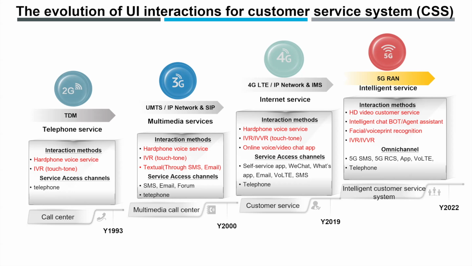There are many access channels like social apps, web chat, WeChat, WhatsApp, and so on. We can also use email from the website, and we can have a video call through VoLTE and send messages, etc.